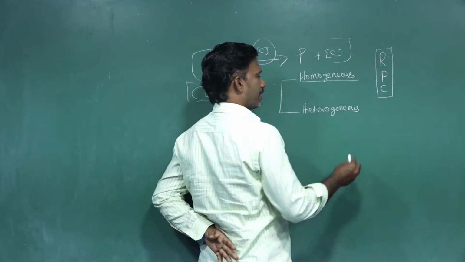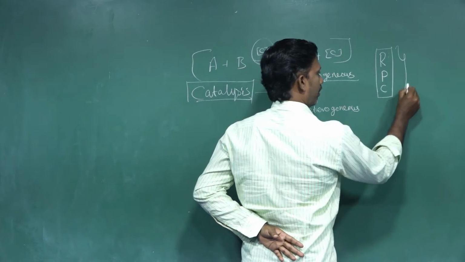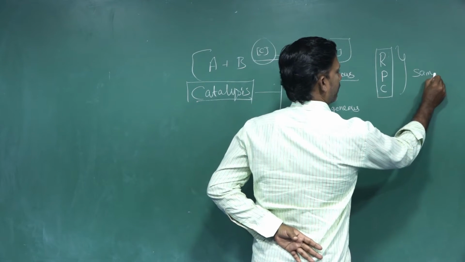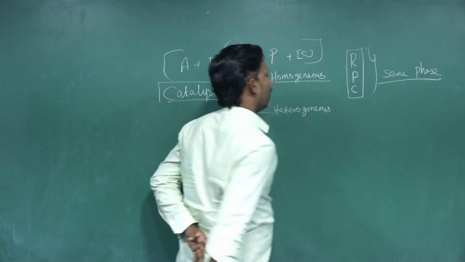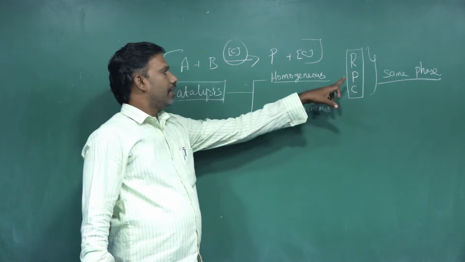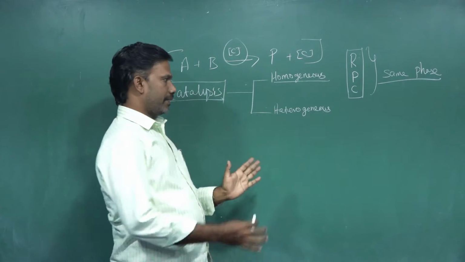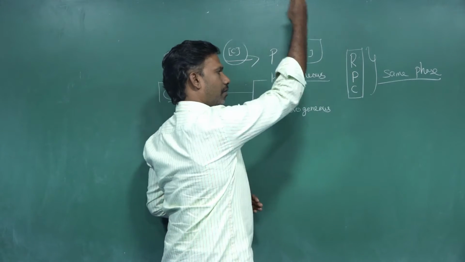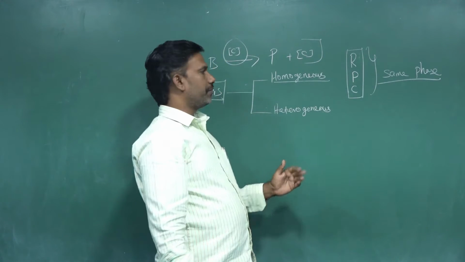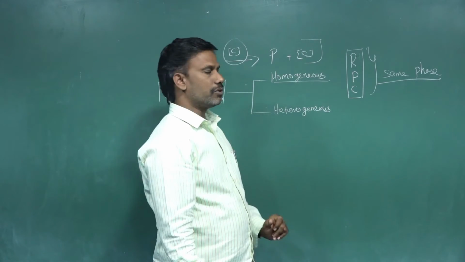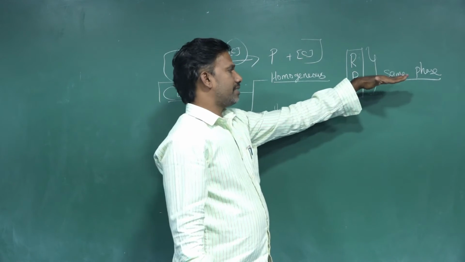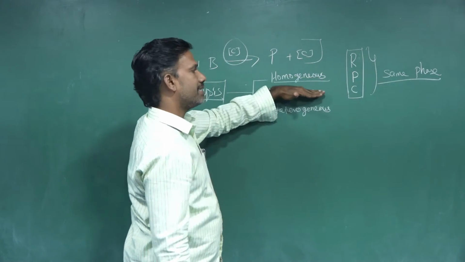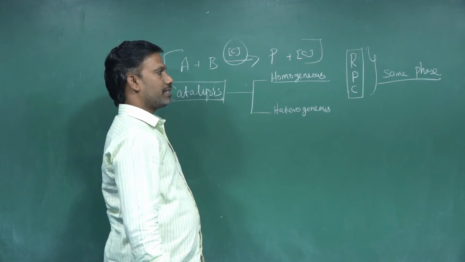Homogeneous catalysis is nothing but all three being in the same phase. If you take a liquid, all three are liquids. If all three are gases, that is called the same phase. Then the catalysis process is called homogeneous catalysis.